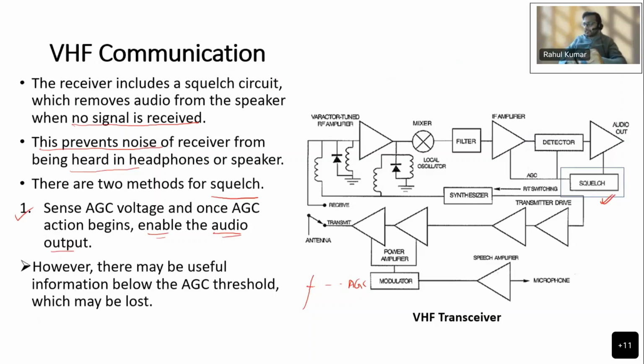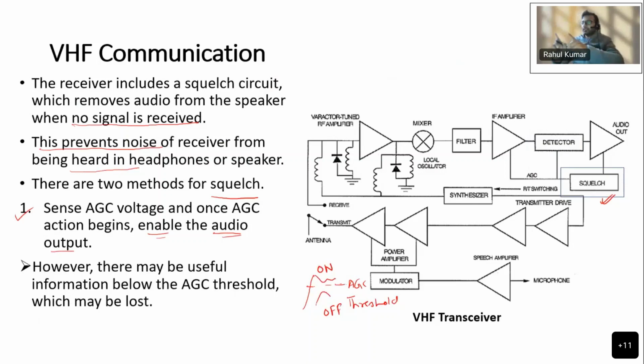But if it is less than the AGC threshold, then your speaker will be off. Okay, so unless your received signal is more than that AGC threshold, your speaker will be off.